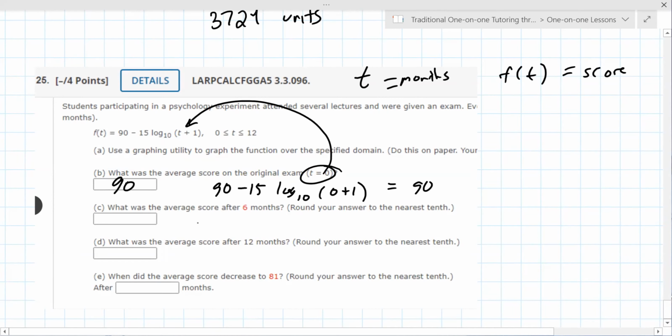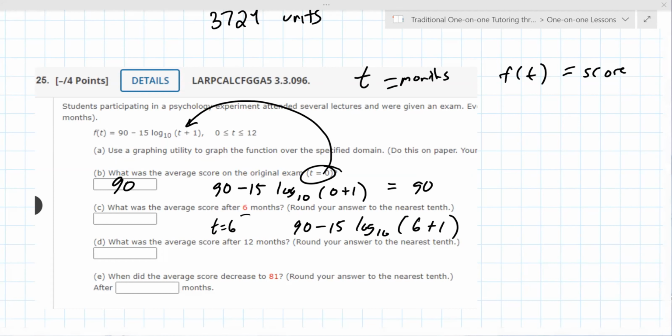Part C is to do it with t equals 6. So that's 90 minus 15 log base 10 of (6 plus 1). Log 10 of 7. Okay, so I get 77.3 for that.